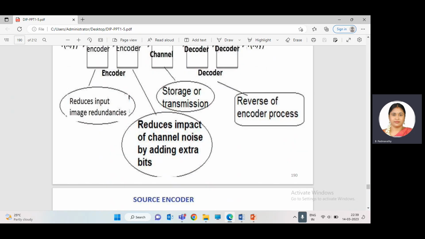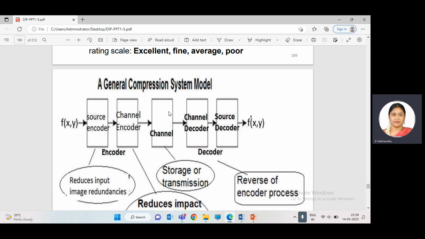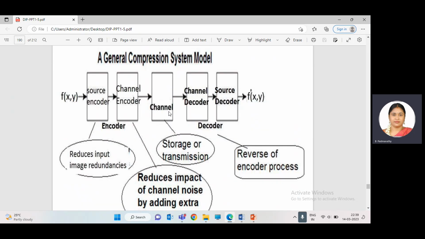It reduces the impact of channel noise by adding protection bits, which are called extra bits. And here the reverse process of the encoder is done. So this topic completely covers the general compression system model. Thank you.